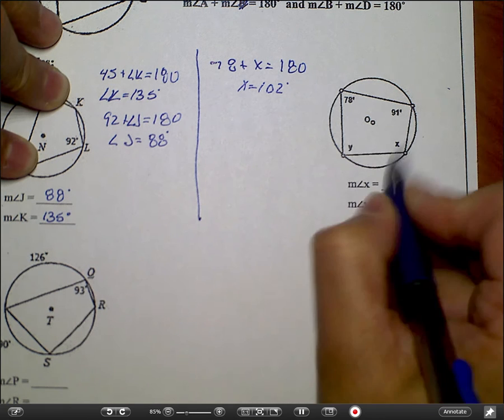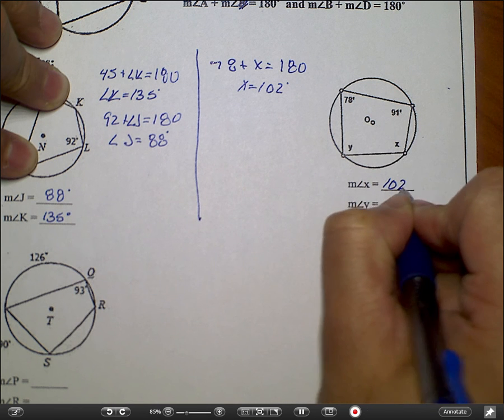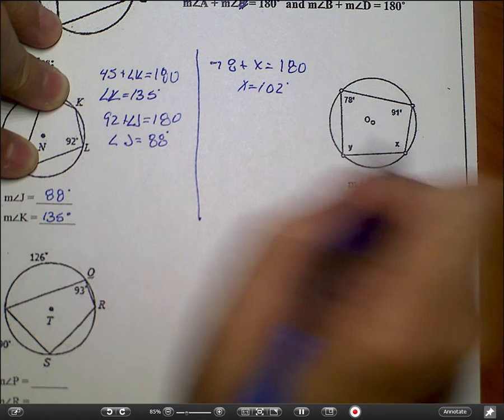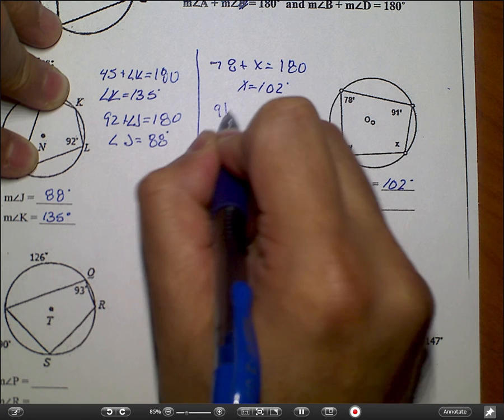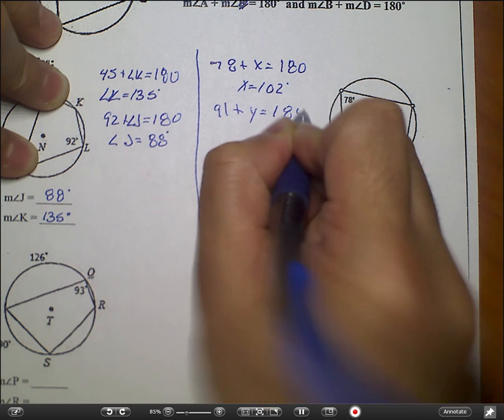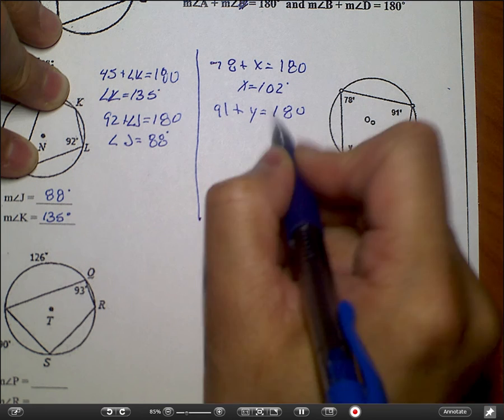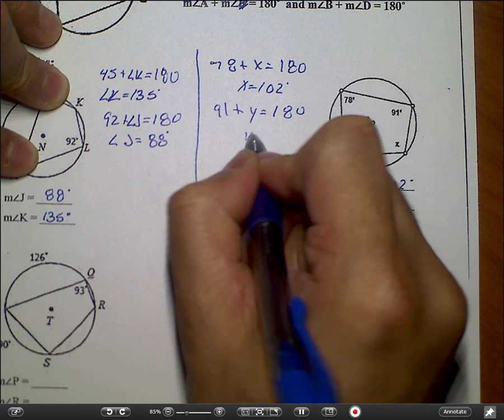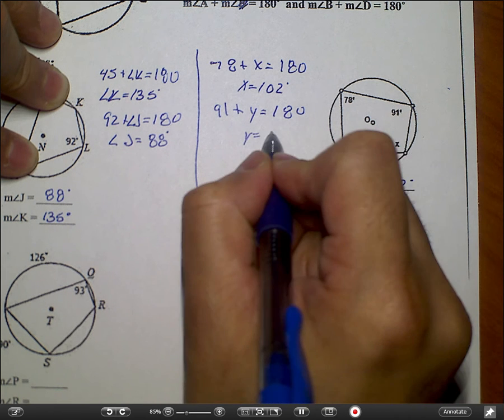X is 102. What angle is opposite 91? Y. Okay, set that up. Y equals, what is it?